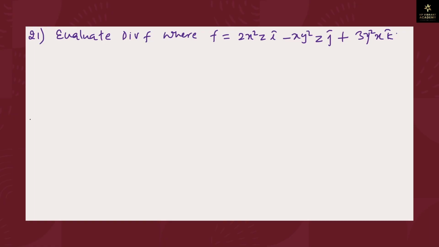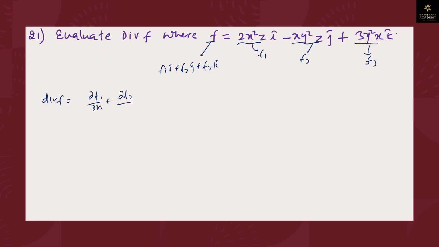Now let us discuss question number 21, how we can find this. We have to find the divergence of f. Let us take this as f1, this as f2, and this as f3. If the f vector is f1 i cap plus f2 j cap plus f3 k cap, then the divergence of f is del f1 upon del x plus del f2 upon del y plus del f3 upon del z.